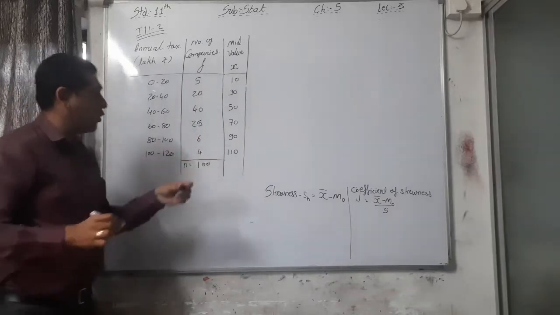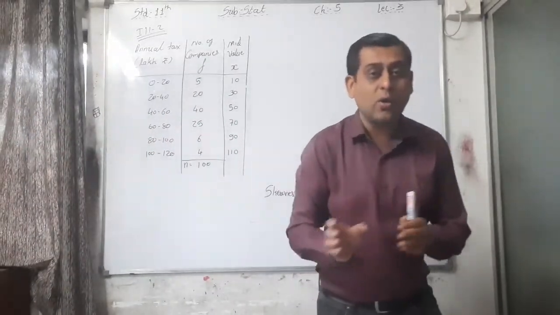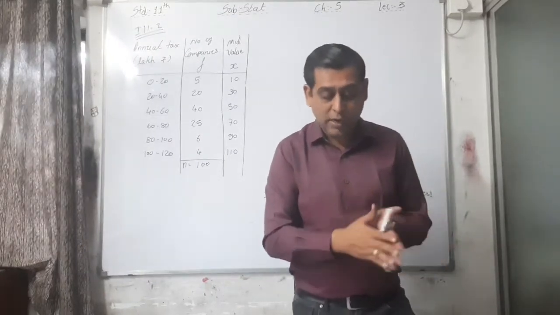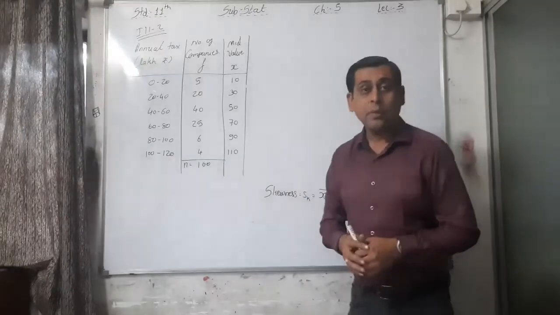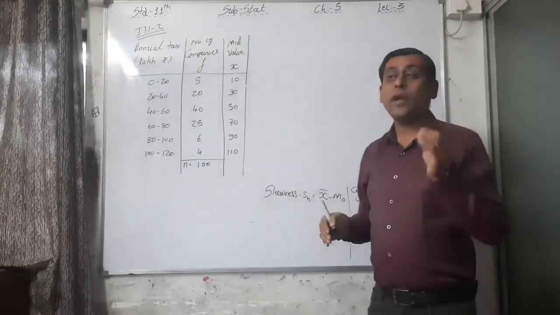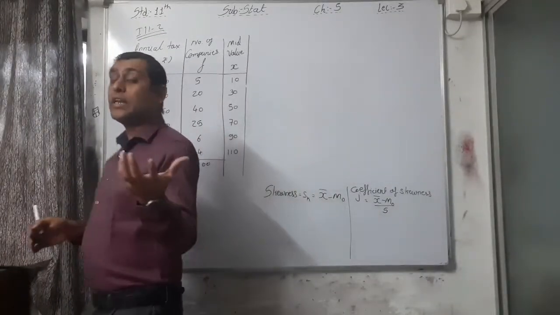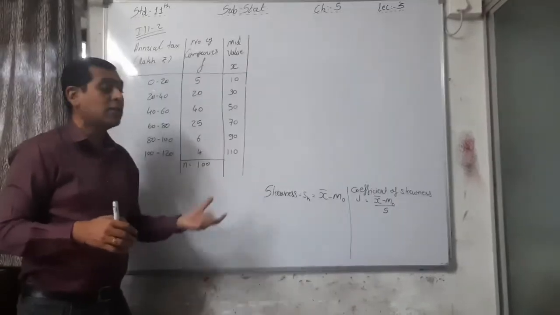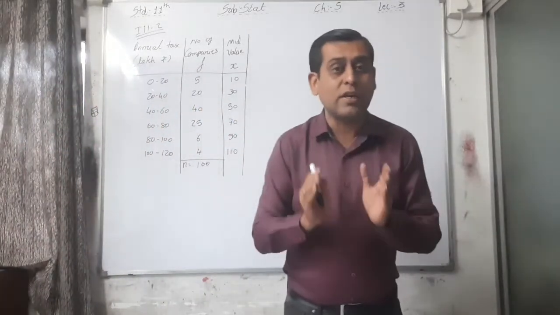One mid value is more than 100, other mid values are less than 100. You can use the D method or directly the FX method. But here the difference is common, 10 or 20, so we can take a common factor, and the calculation by the shortcut method is very easy.